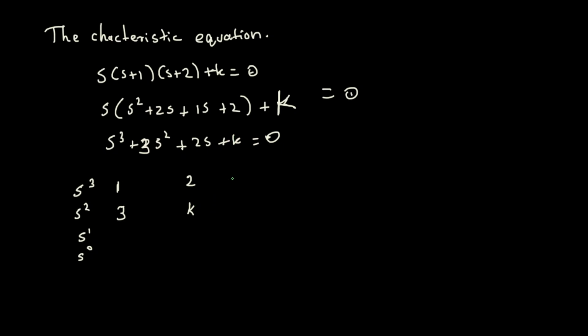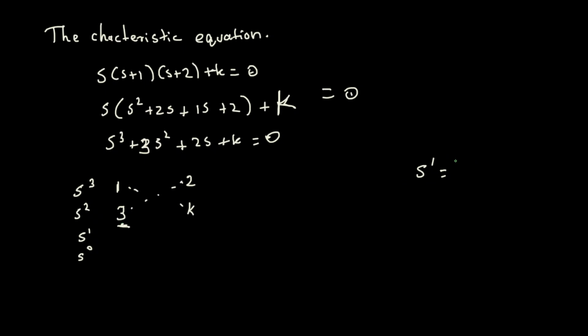And this one is helpful because now we have to find out s power 1 and s power 0. That is not going to be just 2 and k. We have to find the expression for this, and for that we have to use this equation. So to find the expression, we multiply this one with this minus this one with this, divided by whatever the value here.